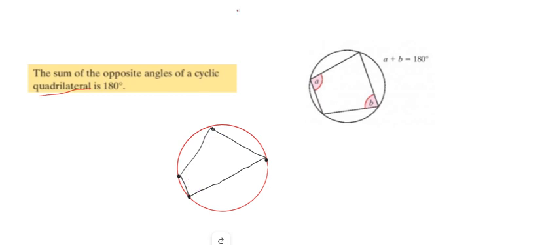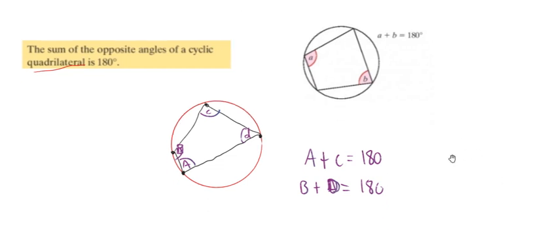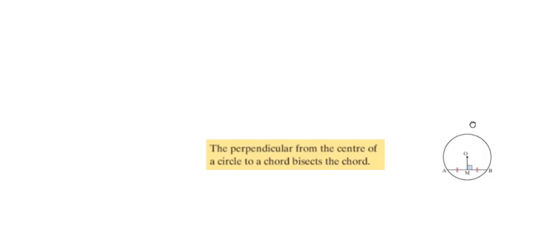I'll label them a bit clearer. If that's angle A, that's angle B, that's angle C, and that's angle D, then A plus C is equal to 180, and B plus D is equal to 180 as well. So opposite angles in a cyclic quadrilateral add to 180.